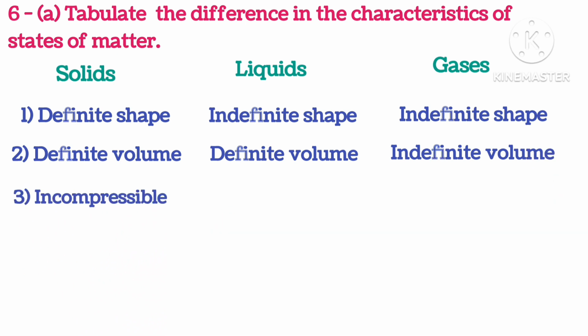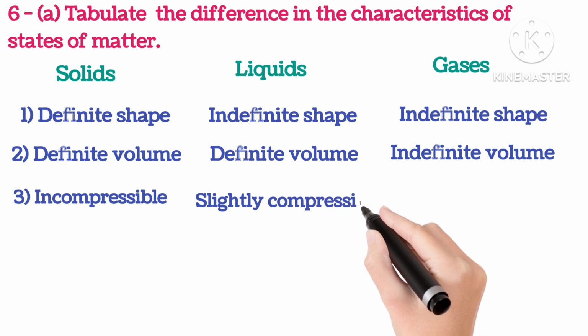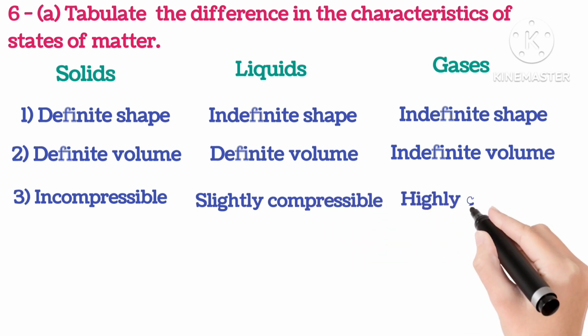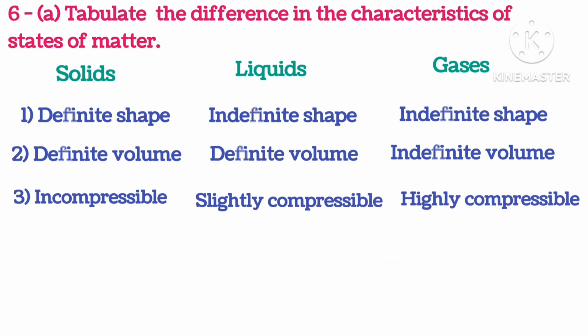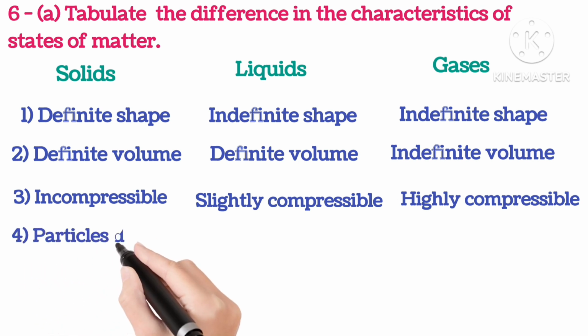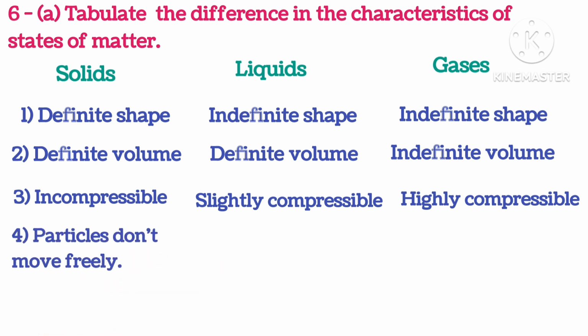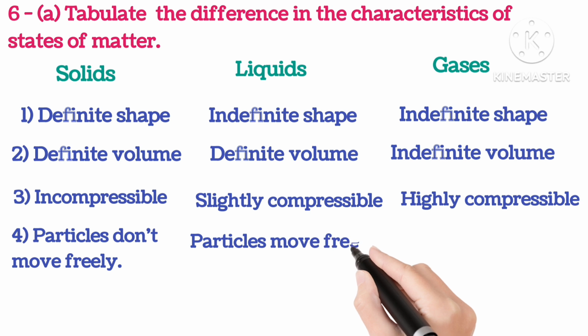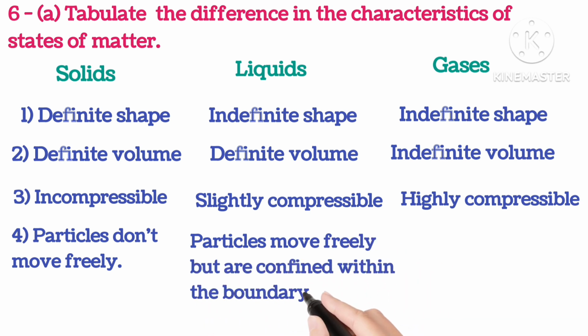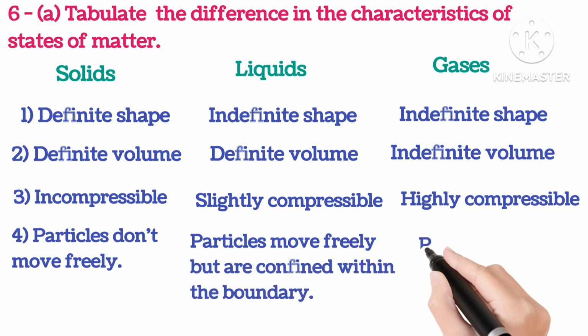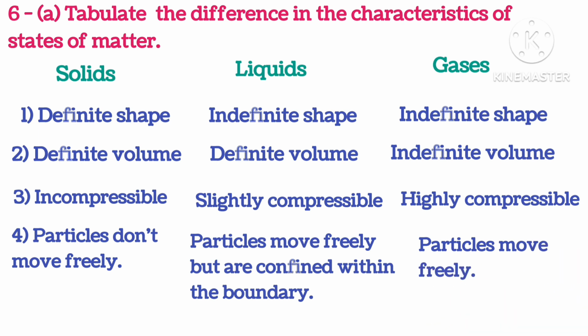Solids are incompressible, liquids are slightly compressible and gases are highly compressible. Particles don't move freely in solids. Particles of liquid move freely but are confined within the boundaries, and gaseous particles move freely.